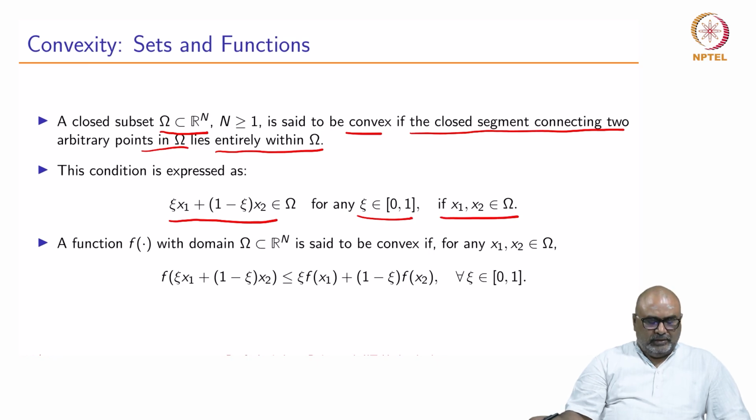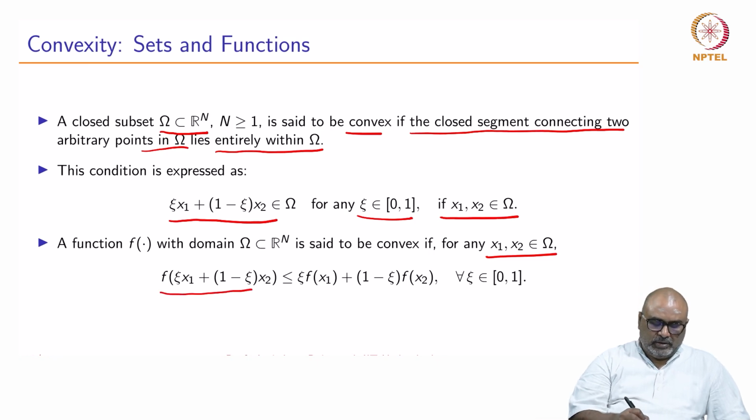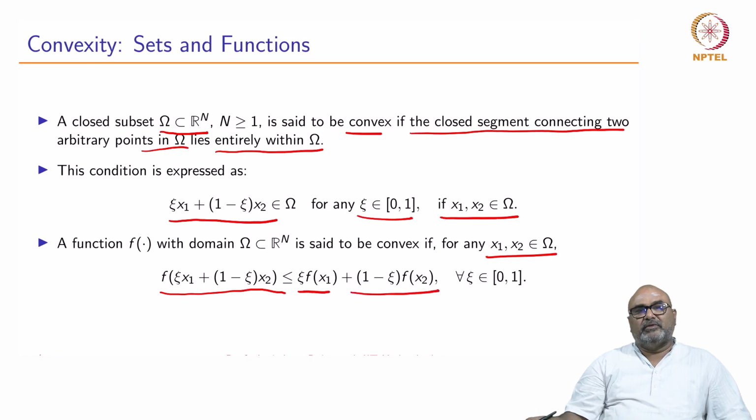If f is any function within the domain, it is said to be convex for any two points x1 and x2 belonging to omega if f of xi times x1 plus 1 minus xi times x2 is less than or equal to xi times f of x1 plus 1 minus xi times f of x2 for all values of xi belonging to 0, 1.